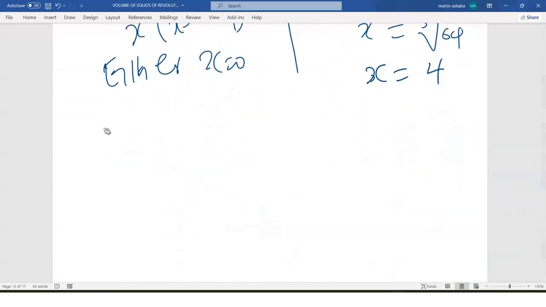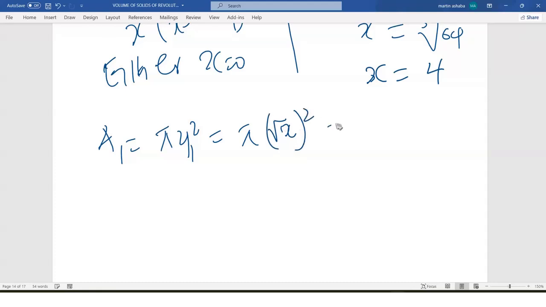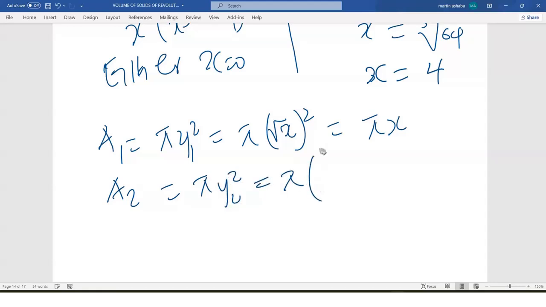So what is the area? Area A1 will be pi y1 squared. If we take the first equation to be square root of x, then I'll have pi times square root of x, squared, which is pi x. Then A2 will be pi y2 squared, where the second curve is x squared out of 8.